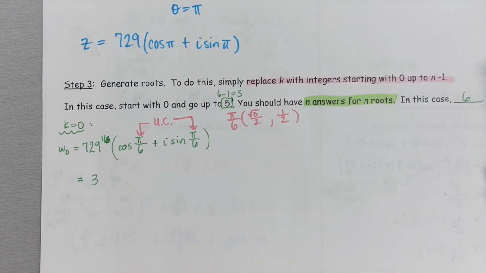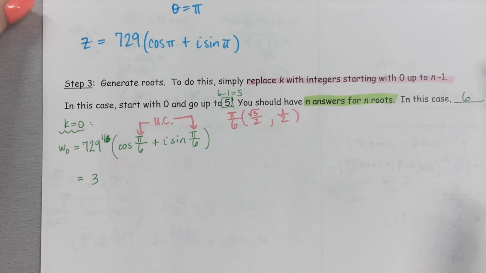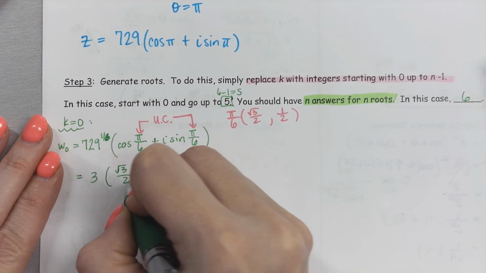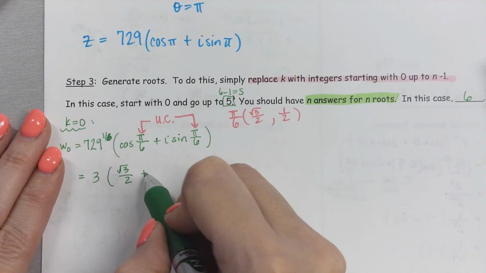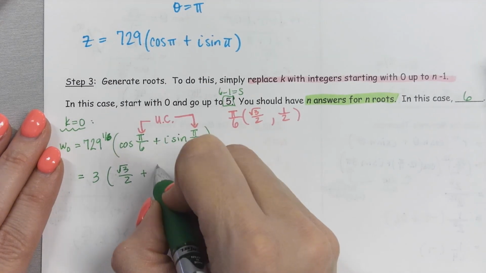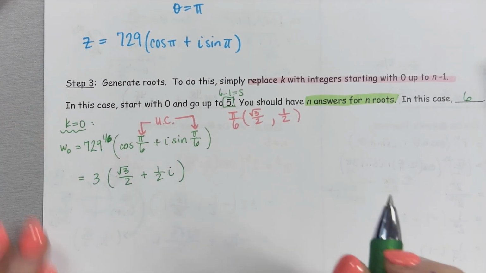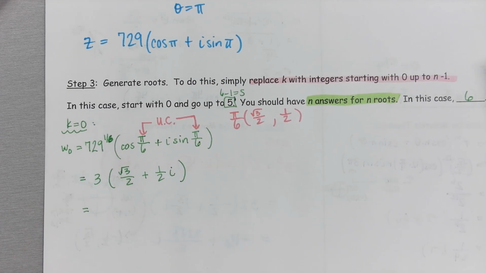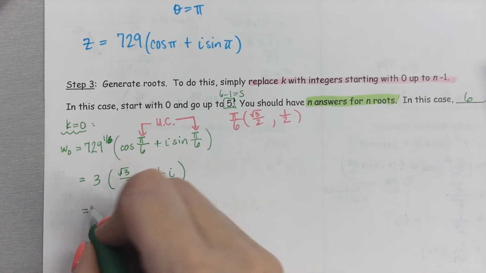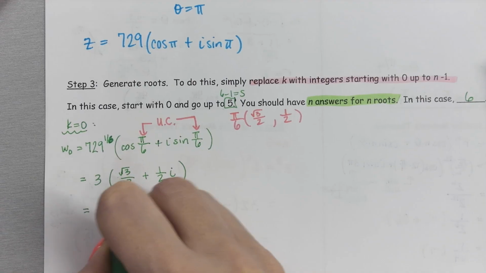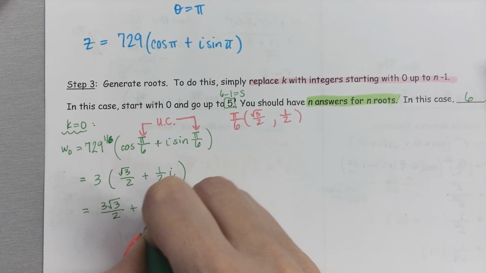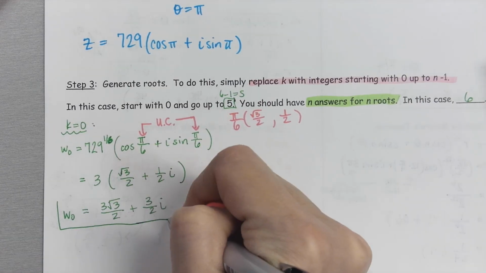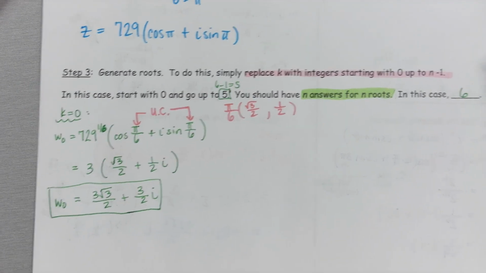So when you plug this in, the cosine is root 3 over 2 plus 1/2 times i, and then you just distribute. So you have 3 root 3 over 2 plus 3/2 i. And that is your root in binomial form.